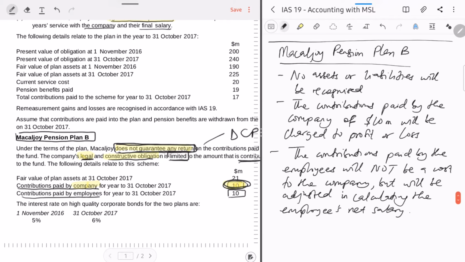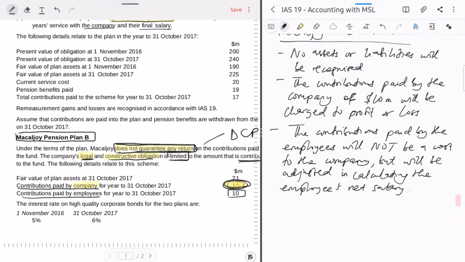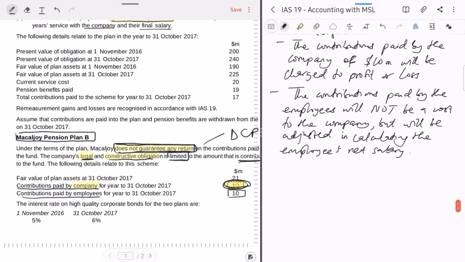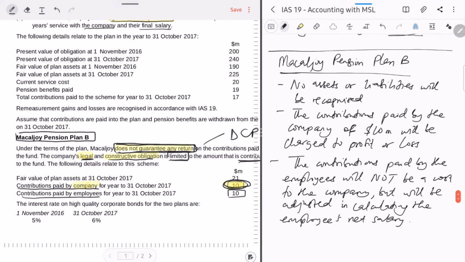So this is quite simple for pension plan B. Let's look at pension plan A. That's when we need to use all of these models and stuff here. Okay, so this is plan B, done.